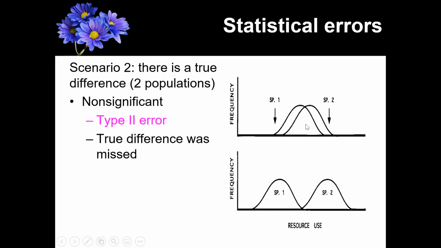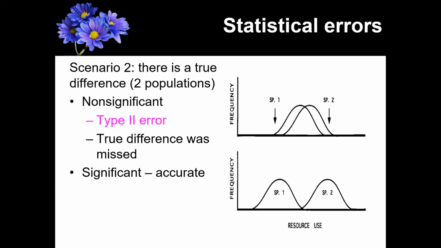So, kind of the opposite. There is a difference in the populations, but the samples you draw are too close to each other to pick up that difference. It's sampling error working against what is actually a population difference. This is known as a type 2 error, when you miss what is actually a true difference in populations, or a true effect.